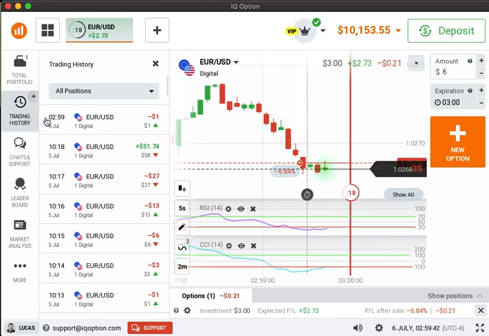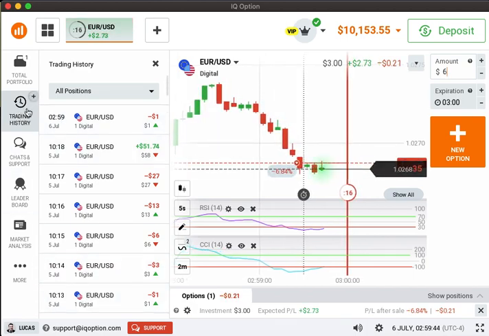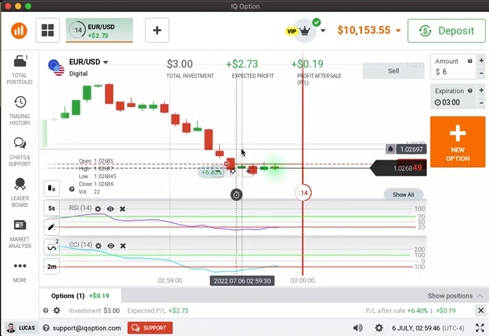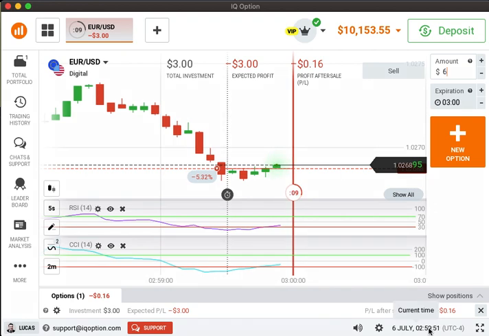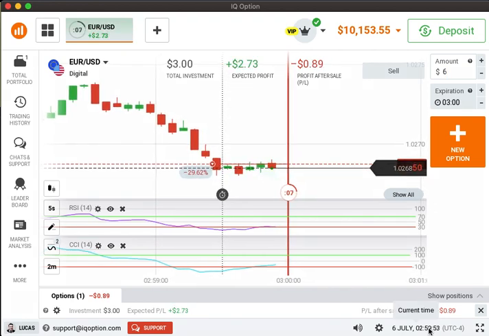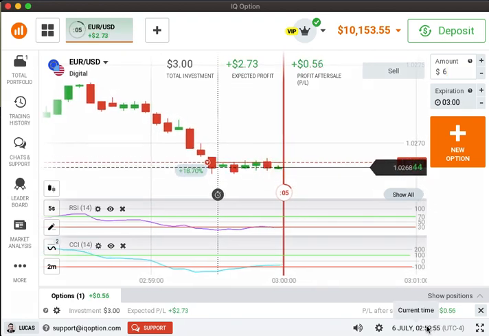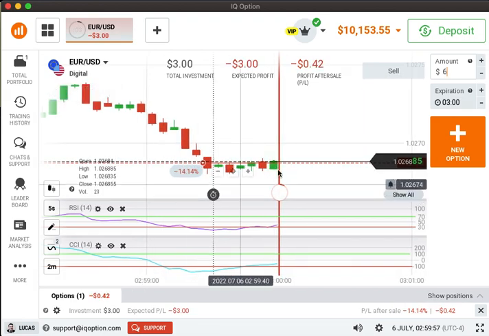So we started at 2:59, or we started at 3 o'clock technically, so we'll end at either 3:30 or 4 a.m., right? And we wait. This trade will win.